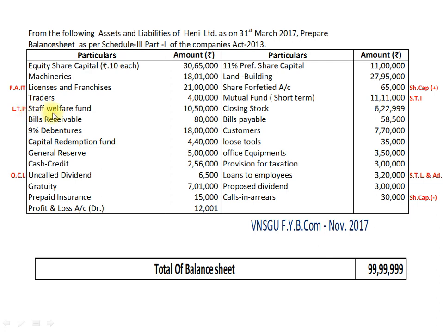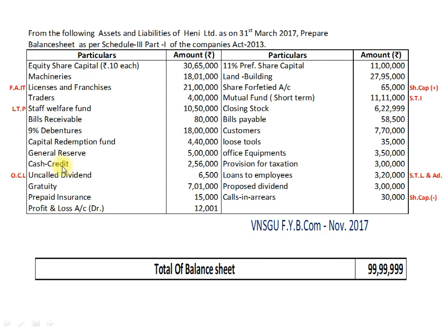Next item, staff welfare fund. It is familiar, but even then, this is our long-term provision for staff welfare. So it will be recorded in balance sheet on equity and liability side under non-current liabilities, and that is long-term provisions. Then there is a cash credit.